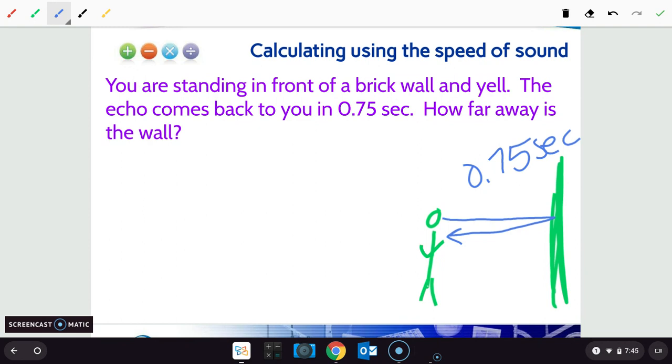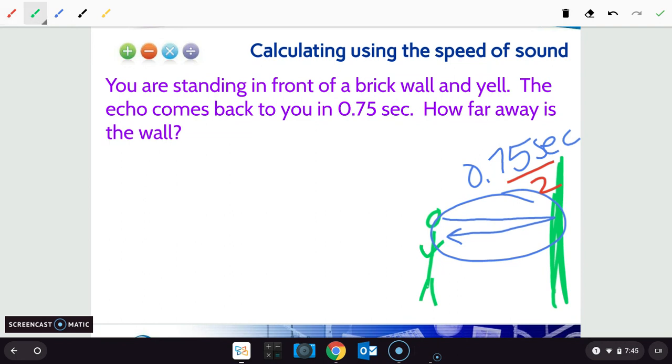Now, the reason there's an extra step for this equation is because you should realize that if I use 0.75 seconds in my calculation, I would be getting the distance there and back. And I do not want the distance there and back. I only want the distance there. Since sound waves travel at a fairly constant speed, you would just need half of that time. So you would take 0.75 seconds and divide it by 2 to use in the equation.